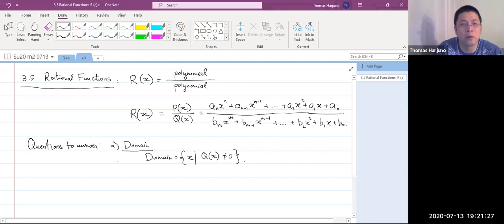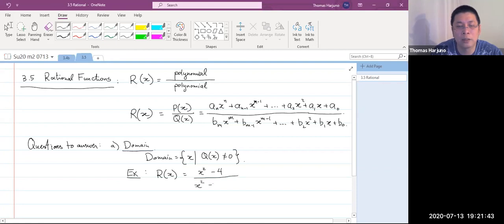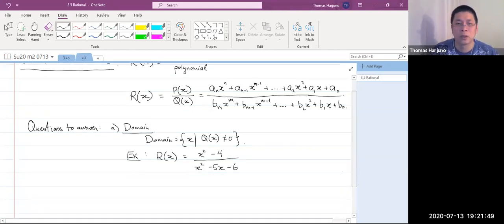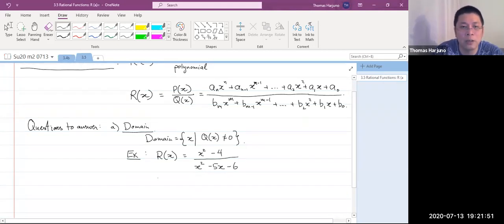Okay, so for example, if I have a rational function x squared minus 4 over x squared minus 5x minus 6, then the domain will be, let's factor it out first.